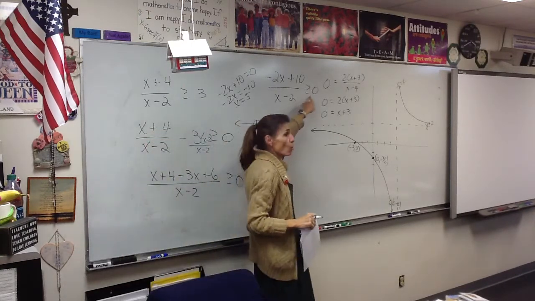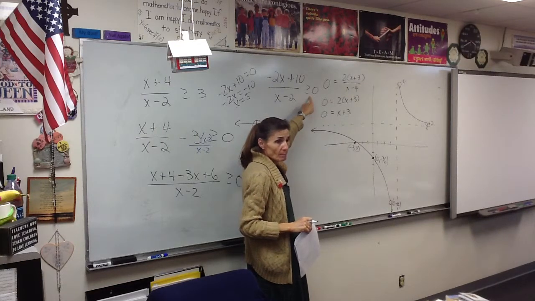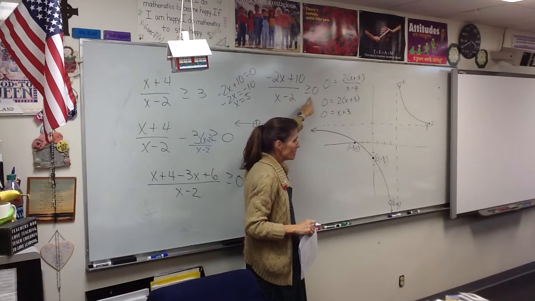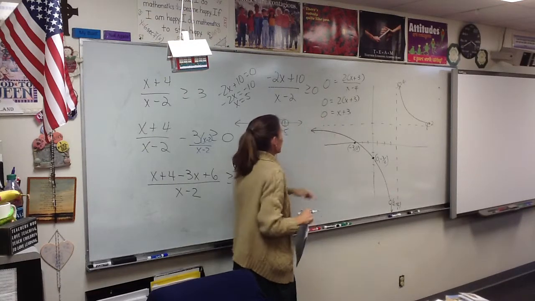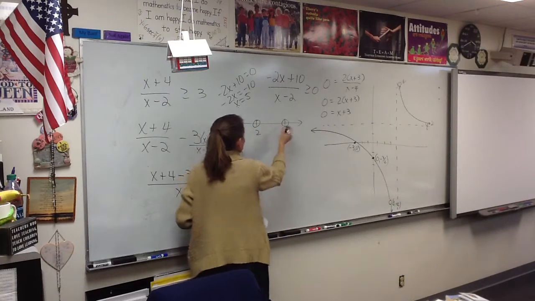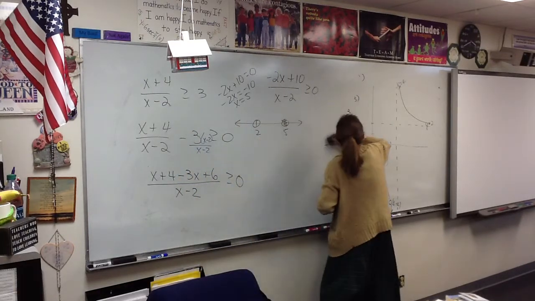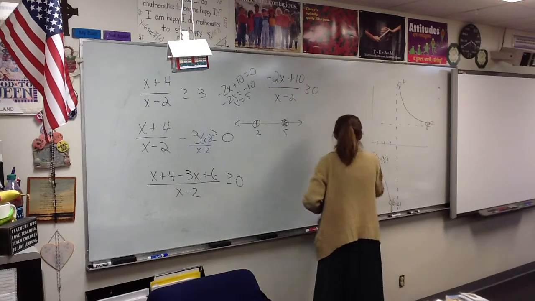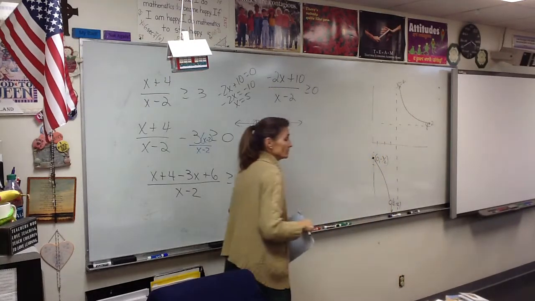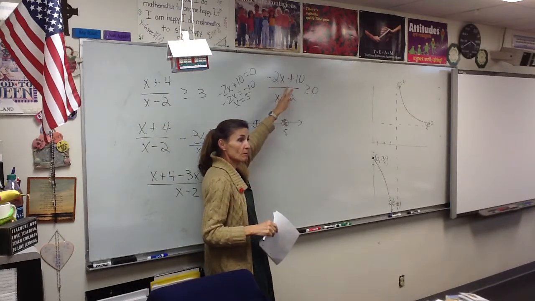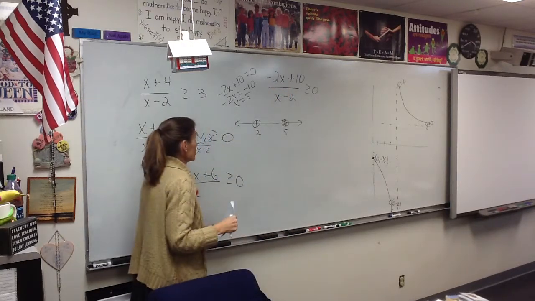This is an or equal to problem. Those should be colored in. But what do I know? Can't color the denominator, but I can color the numerator. Nothing squared or tricky about the problem. So let's just pick a number.